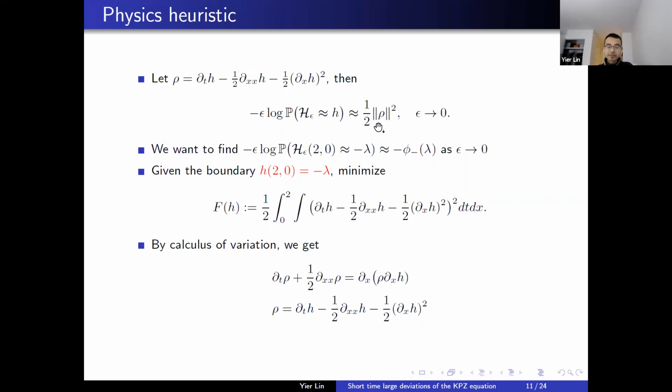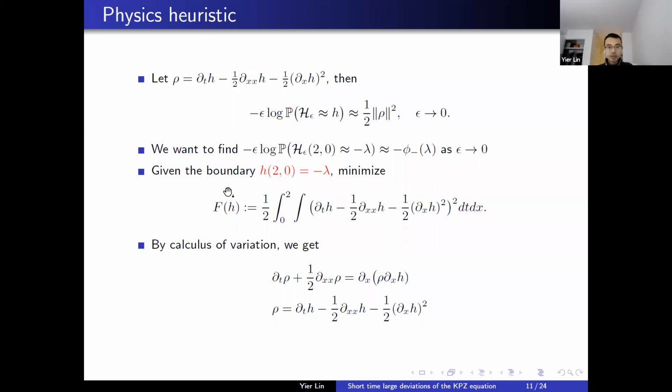So basically, it's the infimum of this object where you consider different h, as long as, because it's the trajectory of your KPZ equation, it satisfies this narrow wedge initial condition, and the value of this h at time 2 and space 0 needs to pass through negative lambda, because we're looking at the large deviation near this negative lambda.